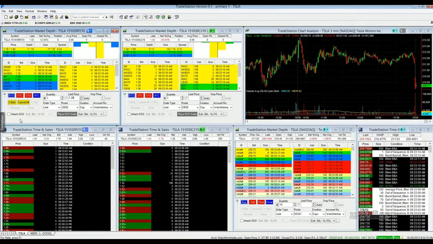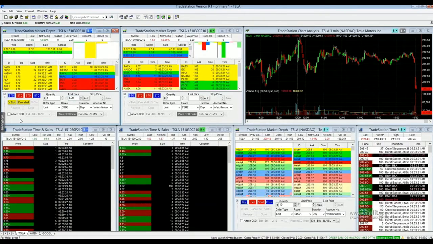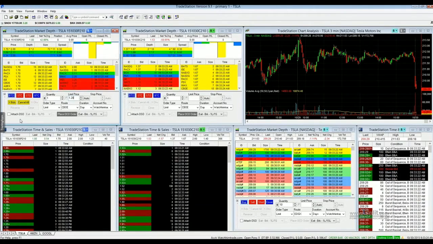What I like is that you're not getting any bounces back above 210. It's kind of a slow pace right here, but the bears are in control.